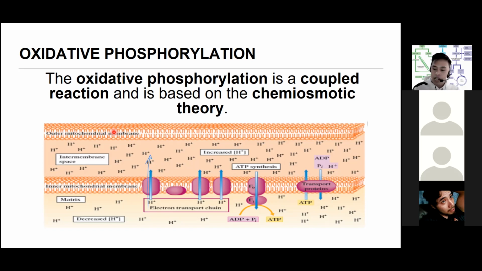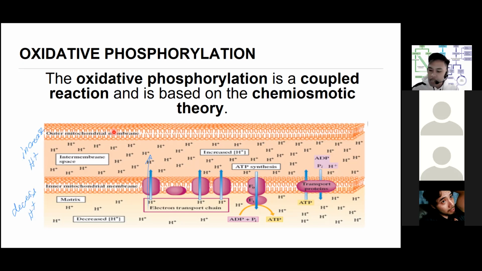What happens now? There will be an increase in hydrogen ions in the intermembrane space. However, in the matrix, there will be a decrease. Do you follow?